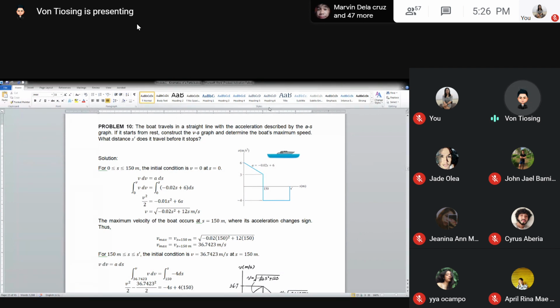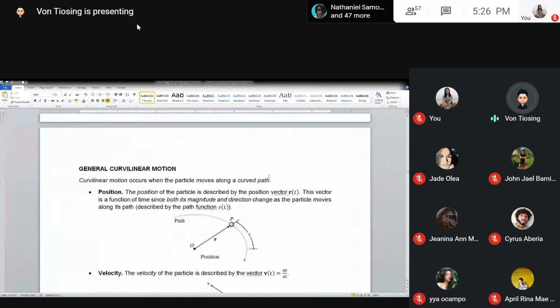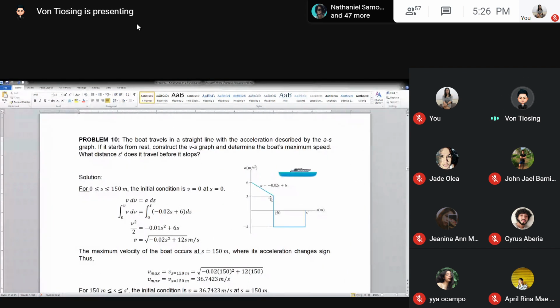Okay, so continue ko lang yung discussion. So, ang gagawin natin dito, dahil binigay yung acceleration displacement graph sa atin, again, just like problem number 9, meron tayong dalawang segments from s equals 0 to 150 meters and from 150 to a certain s prime here.